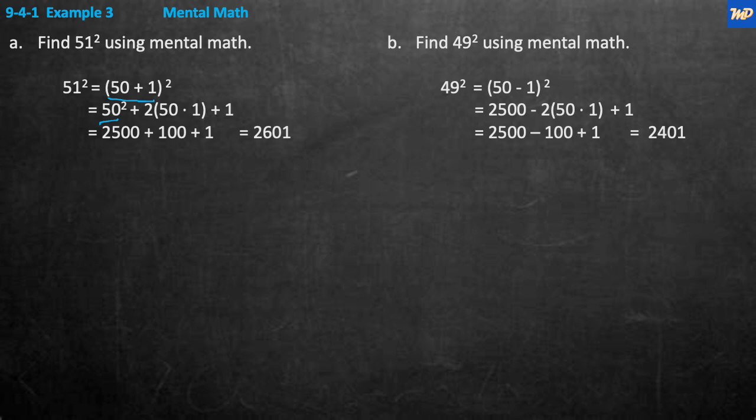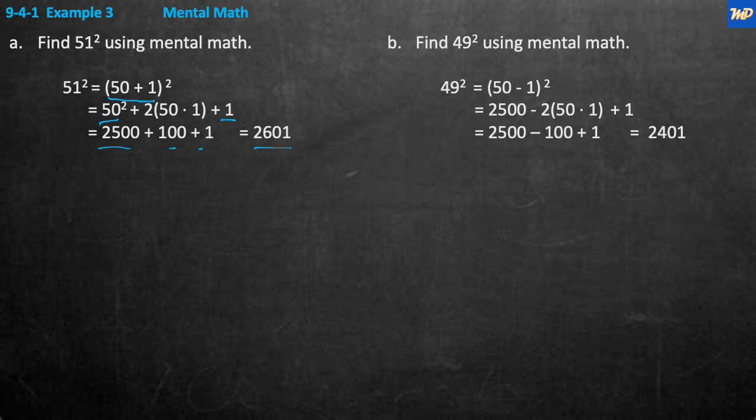We can take the last term and square it. 1 squared is 1. And the middle term, since we have a plus here, we have 2 times 50 times 1, which is 100. 50 squared is 2,500. 2 times 50 is 100, times 1 is 100, plus 1. 2,500 plus 100 plus 1 is 2,601.